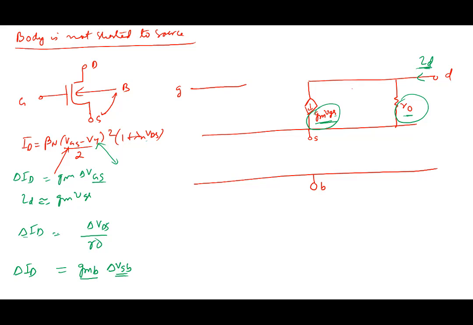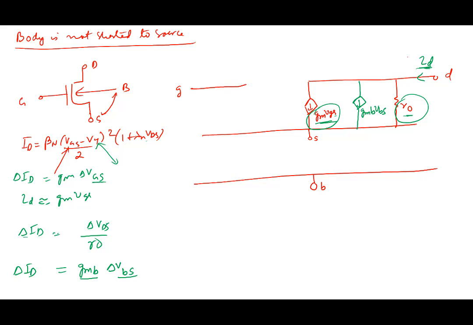Alright, so that allows us to write another current source here. Everything is a reference to source. So we write this as GMB VBS. So one more current source.